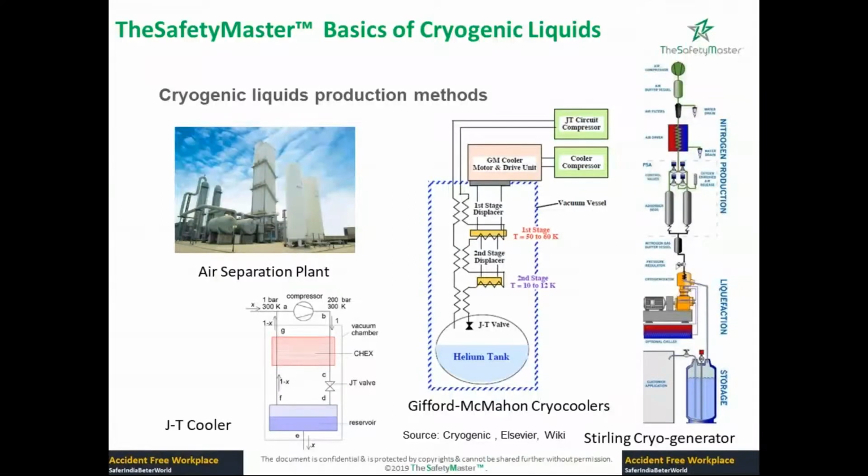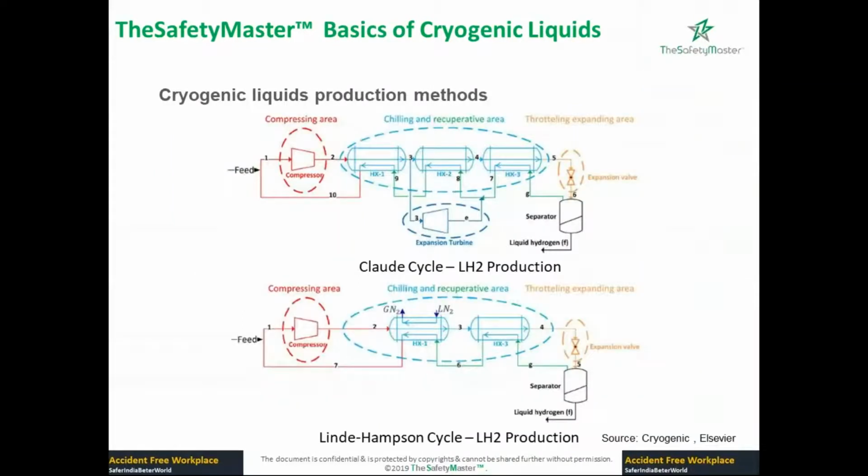JT coolers are for liquefying helium. Gifford-McMahon cryocoolers are also for producing liquid helium. Stirling cryogenerators are for producing liquid nitrogen. JT coolers can also be used for producing liquid helium and liquid hydrogen. For producing liquid hydrogen, you can use two different cycles: one is called the Claude cycle, the other is called the Linde-Hampson cycle.